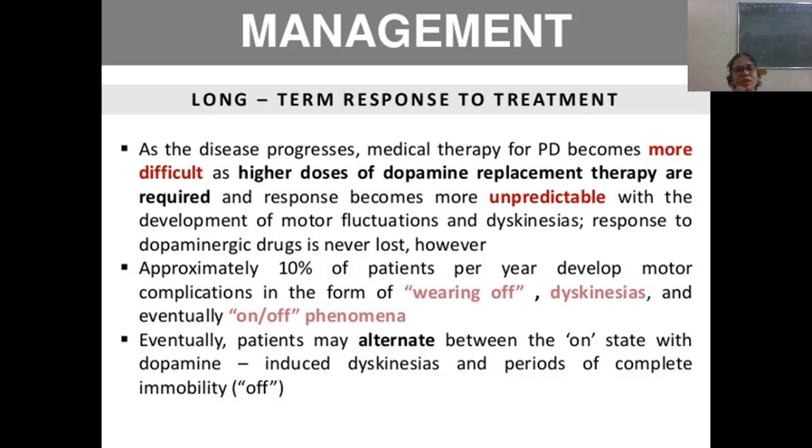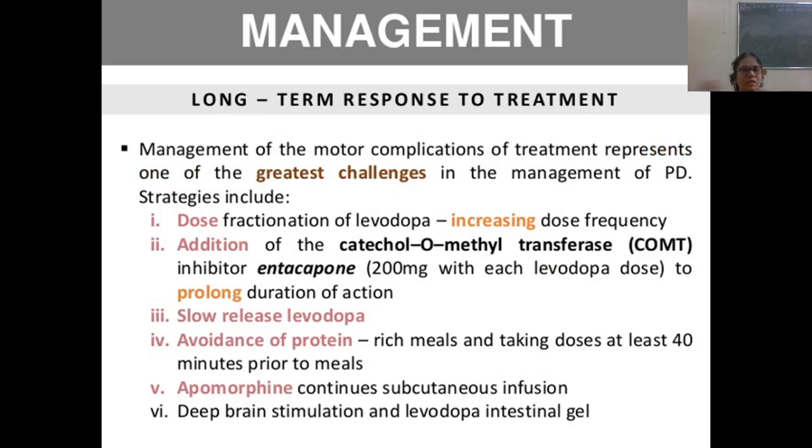Eventually, patients may alternate between the on state with dopamine induced dyskinesias and periods of complete immobility. Management of the motor complications of treatment represents one of the greatest challenges in the management of Parkinson's disease.